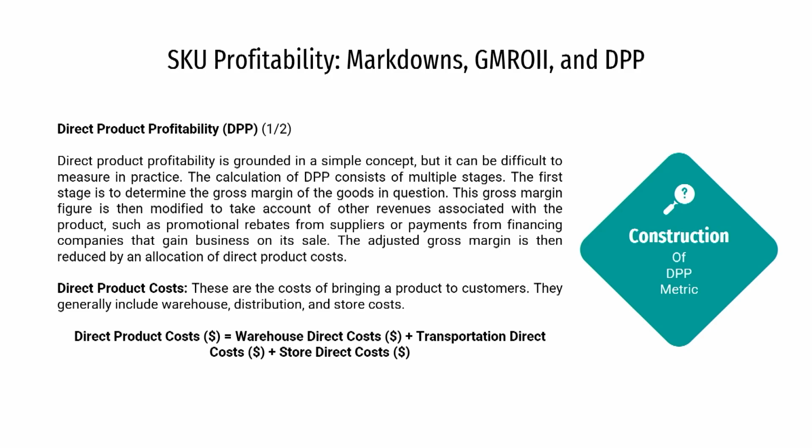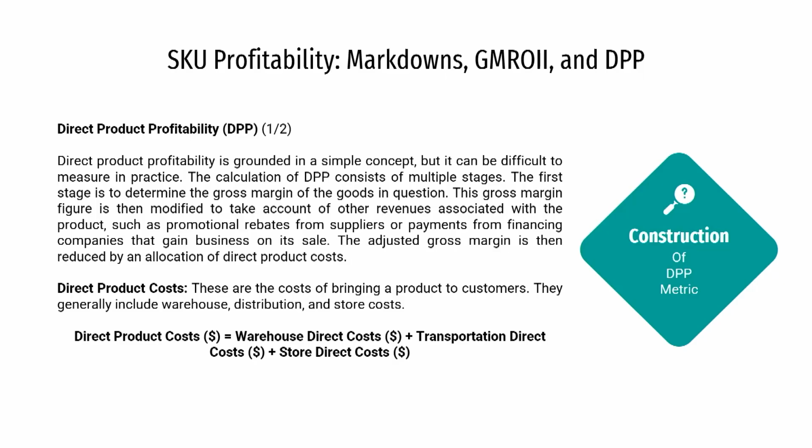This gross margin figure is then modified to take account of the other revenues associated with the product. Let us say first I will calculate the gross margin, then I can also see that, because I am keeping this particular brand in my stock, the manufacturer is also giving me some incentive.